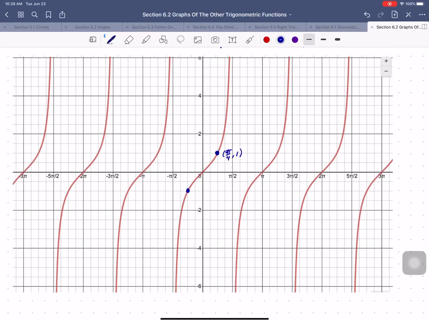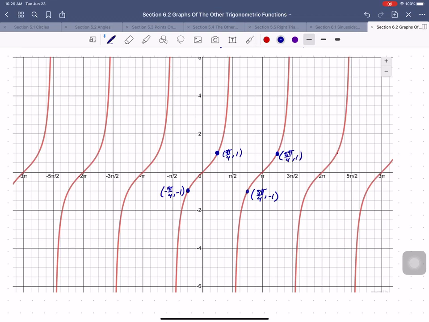And we can also see that we've got negative pi over 4, negative 1, and 3 pi over 4, negative 1, and 5 pi over 4, 1.